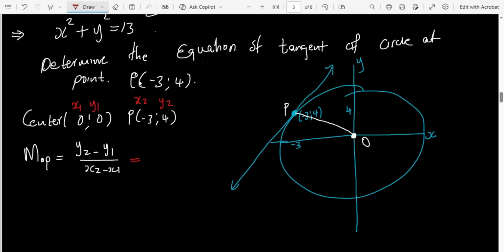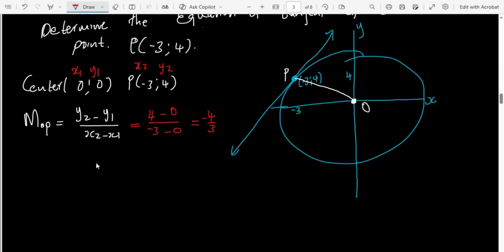So when I substitute, we're going to get y2, which is 4, minus y1, which is 0, over x2, which is minus 3, minus 0. This gives us 4 over 3, which is negative. So the gradient of OP is minus 4 over 3.